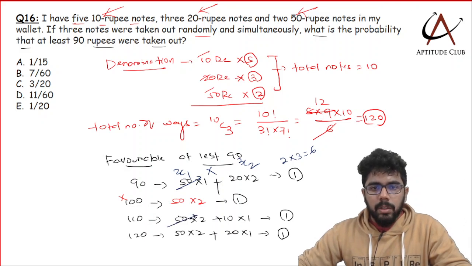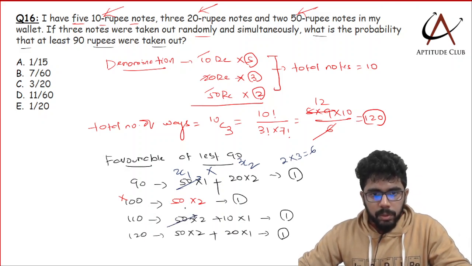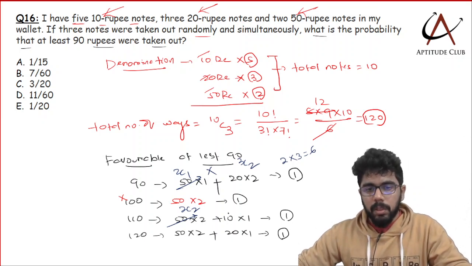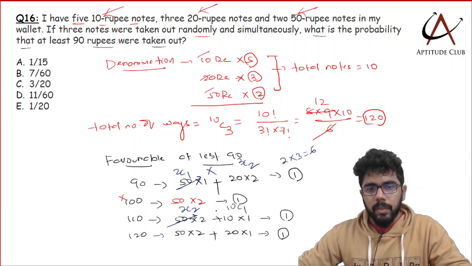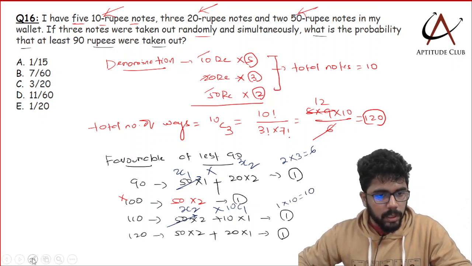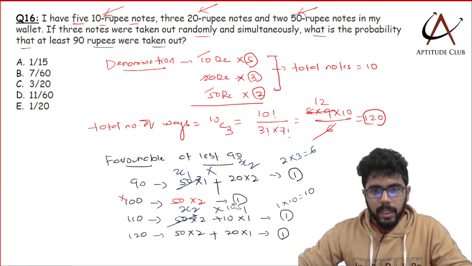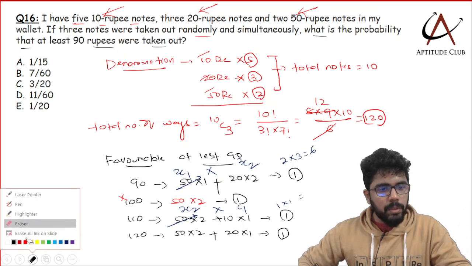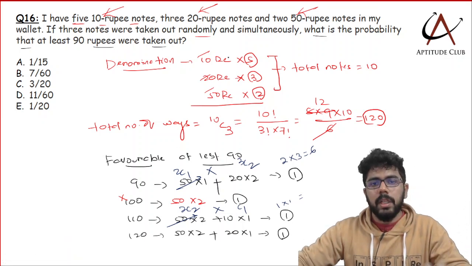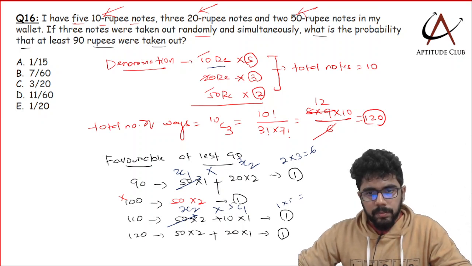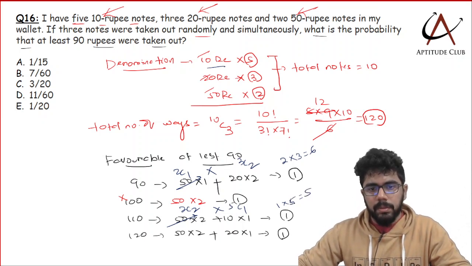Now again, there are two 50 rupee notes and you pick both, so 2C2, but out of the 5 10 rupee notes I'll pick any one, so 5C1, because I have 5 notes. So 1 into 5, I'll have 5.